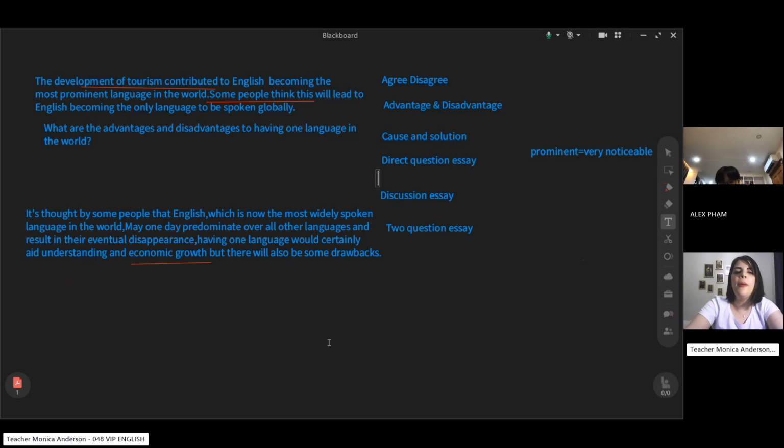Okay, so it means, let me write, vanishing, disappear. Okay, and having one language would certainly aid, help understanding. So I mentioned briefly advantages, for example, it's good for the economy, like the financial aspect.